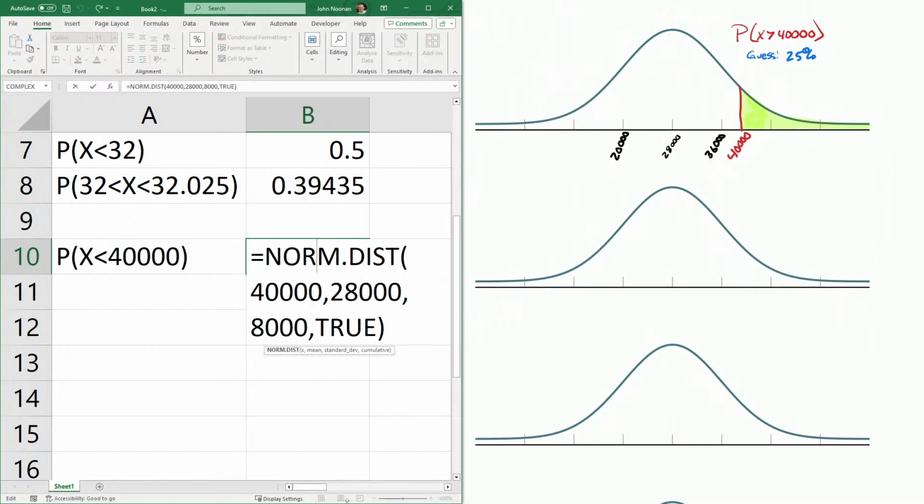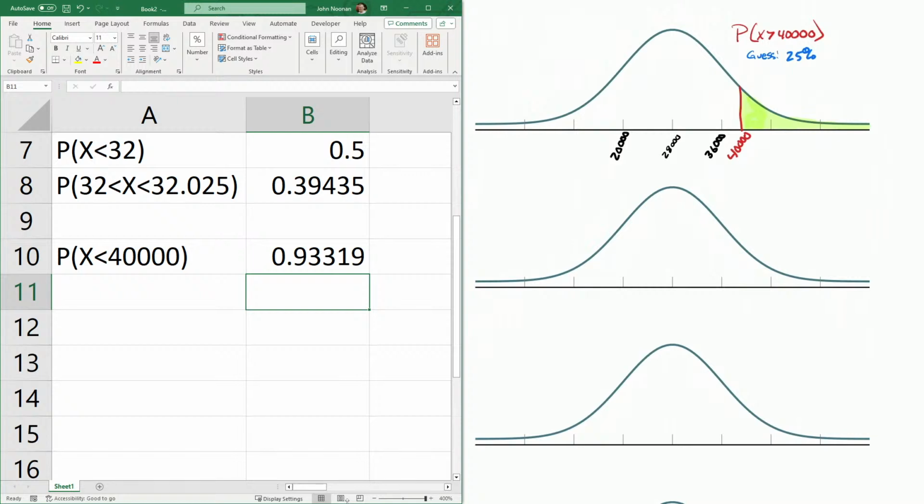If you don't like all the zeros, you could always just switch and think in terms of thousands of dollars, in which case you would dispense with all the zeros. But here's what I got. Obviously not the right answer because it's too big. Biella says 25%. This is 93%, way too big.